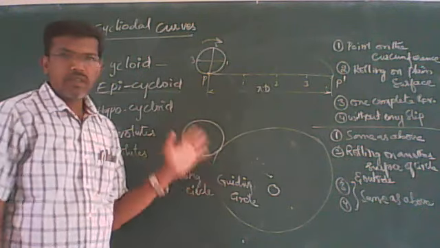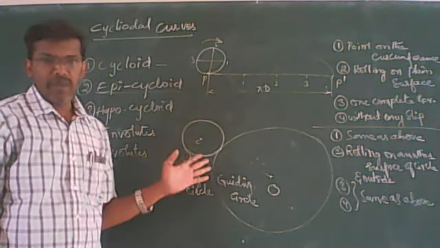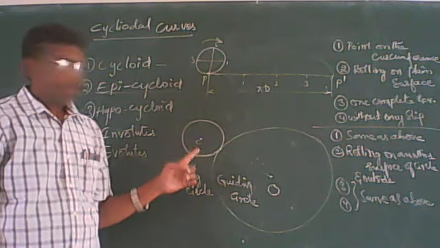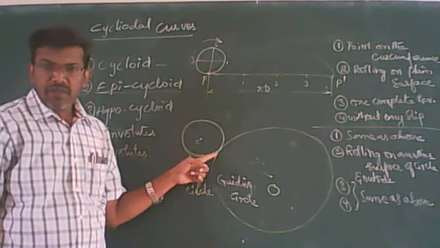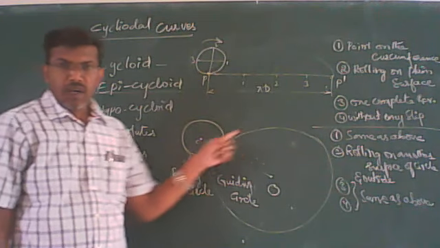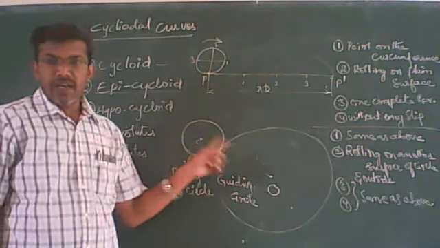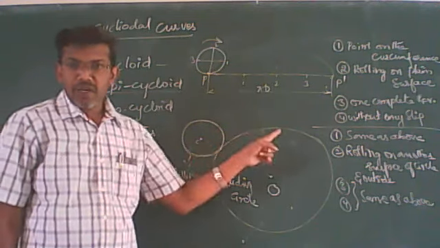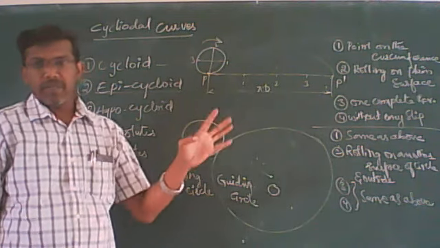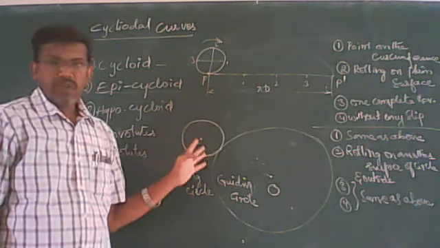So here the simple definition of an epicycloid is defined as the point on the circumference of the circle rolling on the another surface of the circle, or outside of another circle, for one complete revolution without any slip, is nothing but the epicycloid.